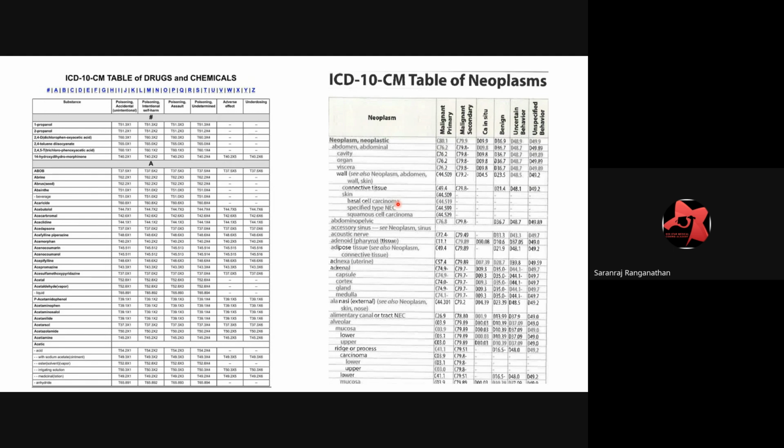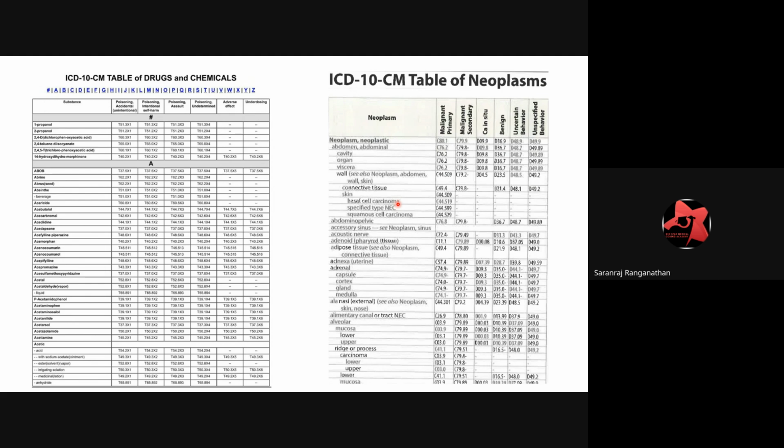If you come to the drug table, it is categorized into 6 important categories. One is poisoning accidental or unintentional, and poisoning intentional, or somebody is poisoning you, that is assault. Then undetermined, where we do not know whether it is a poison or not and we are not able to determine it. Then adverse effect and underdosing.